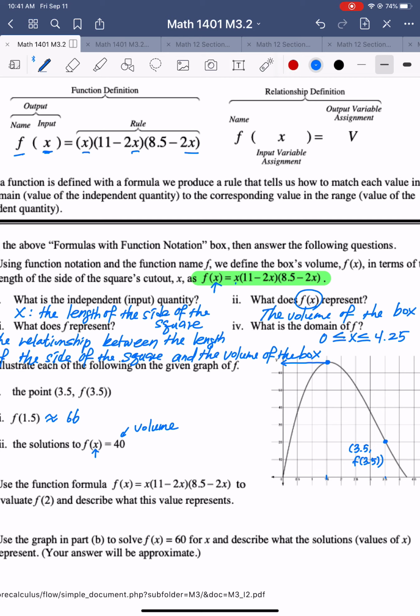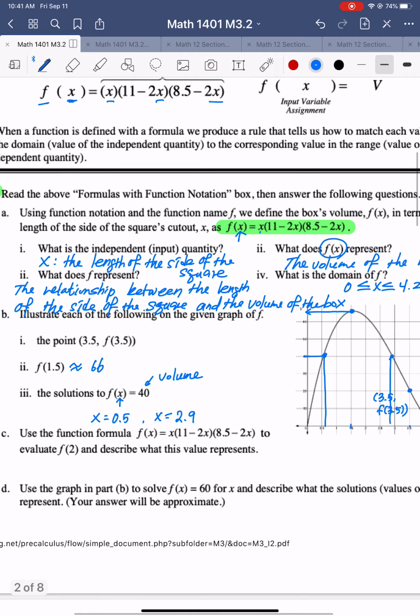You have to find the 40, which is right here. So two places, about here and about here. So you get this place and this place. It's about x equals 0.5 and x equals about 2.9.